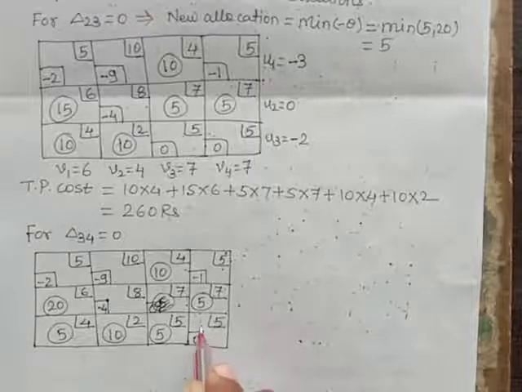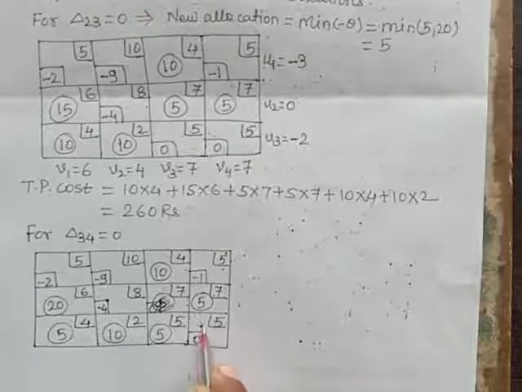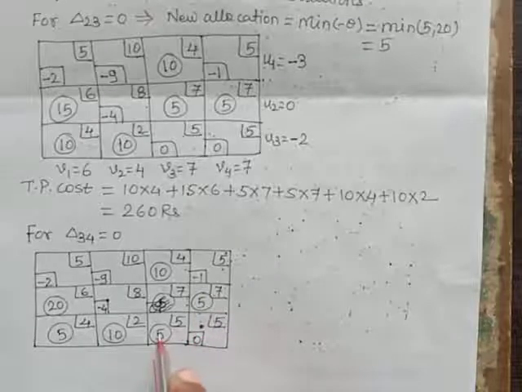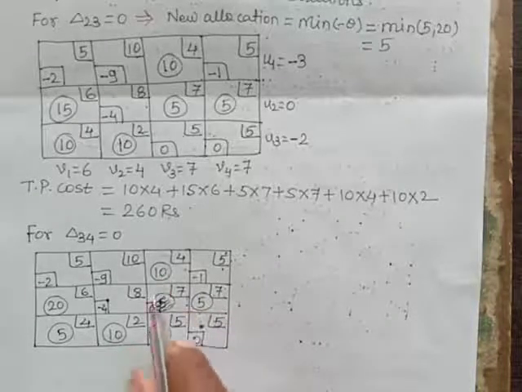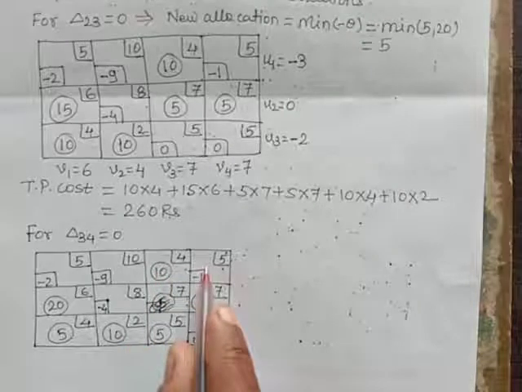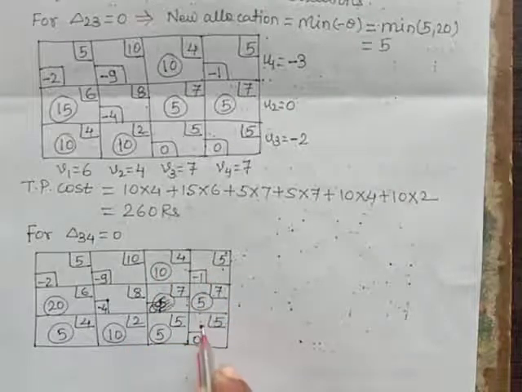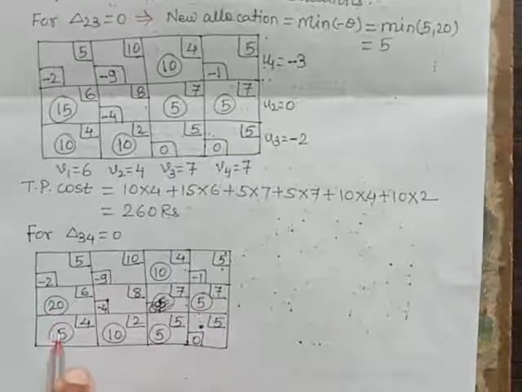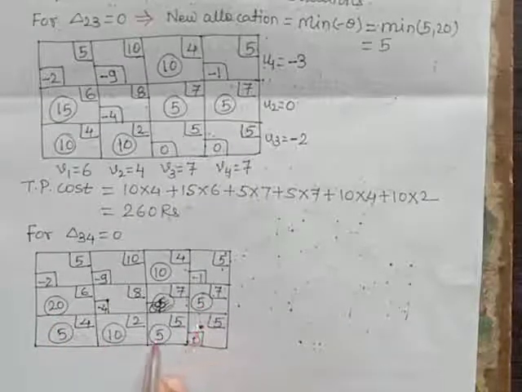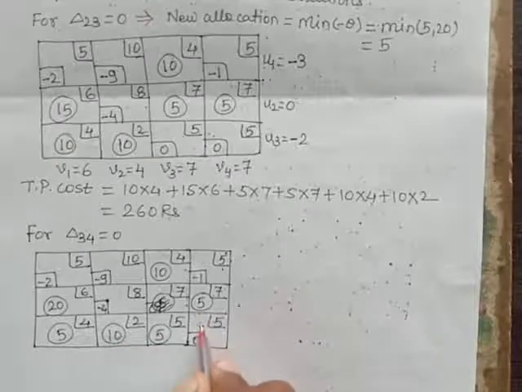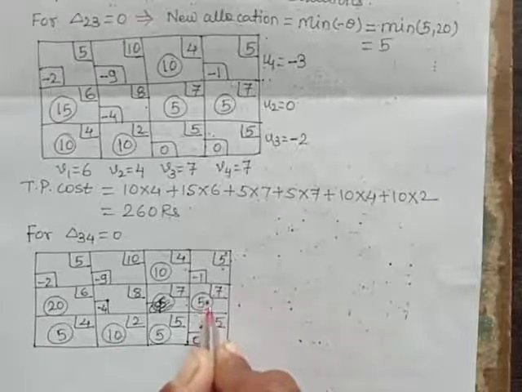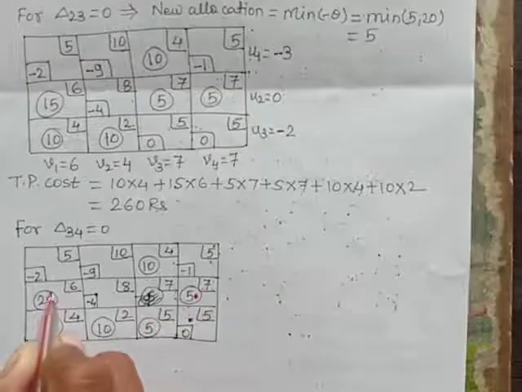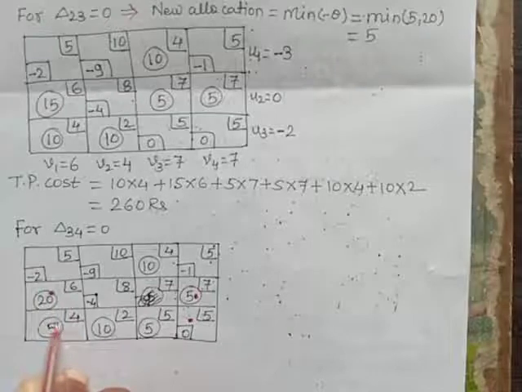So from here either we can go here or here. If I go here, then I have an allocation here, but I don't have an allocation here to come here again. Fine. Now if I go here, then I have an allocation here, then again here, and then here. These two are not considered in between them. So my next position is this, then again the next position will be this one, and then this one.